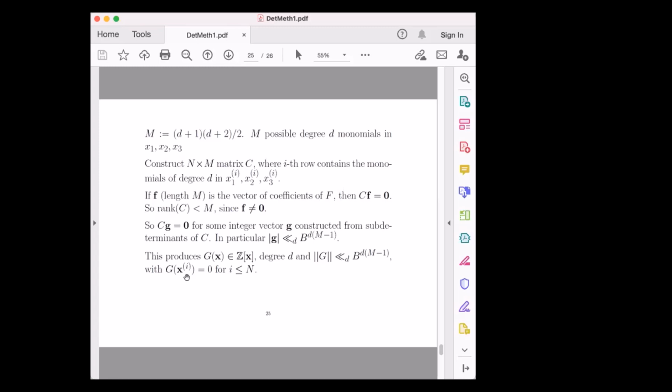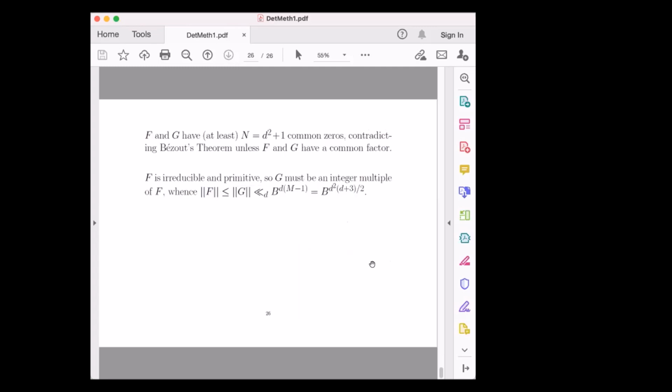So knowing in the first place that F has solutions xi, we produce a new polynomial G that also has solutions xi, constructed out of these subdeterminants. And so we know we have control over the size of the coefficients. Now we've constructed things so that F and G have at least d squared plus 1 common zeros.